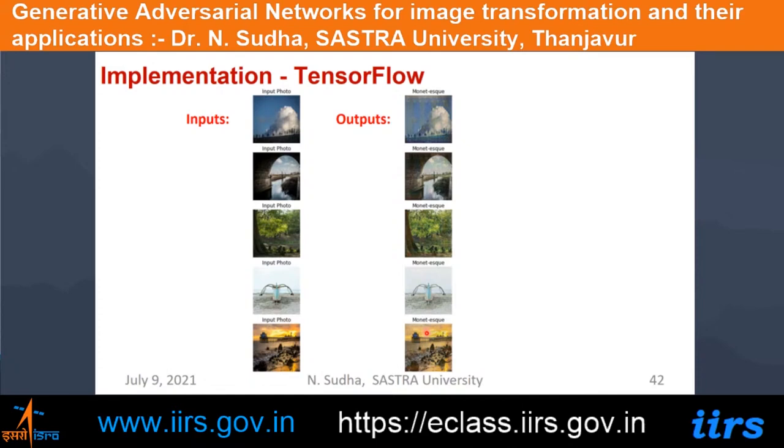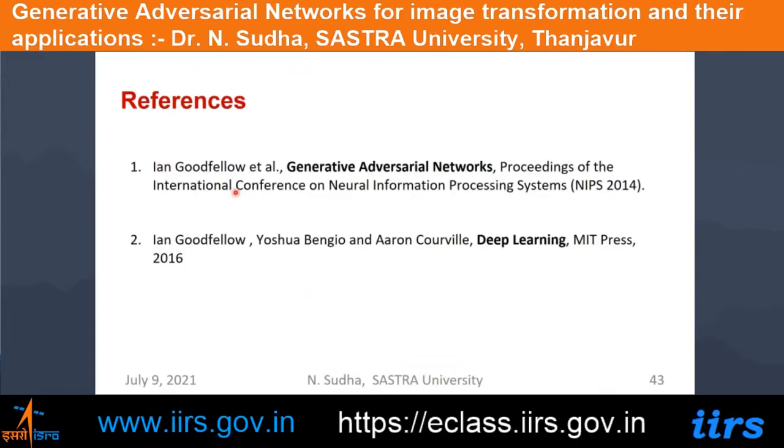And these two are the popular references for the generative adversarial network. Ian Goodfellow is the person who designed this network. In 2014, it was published in one of these conferences, a popular conference.